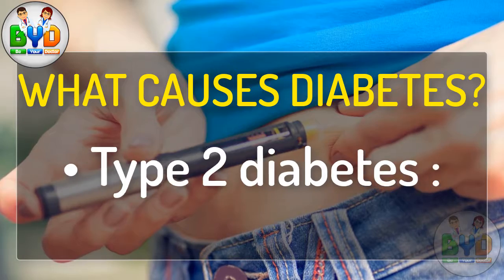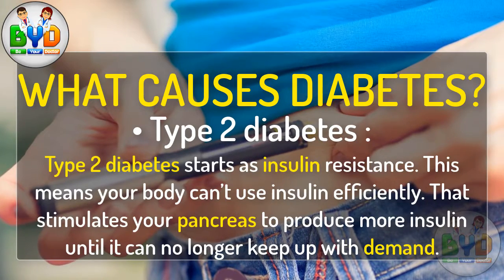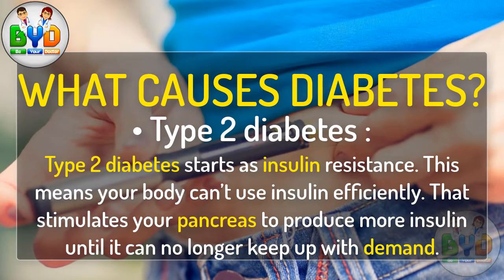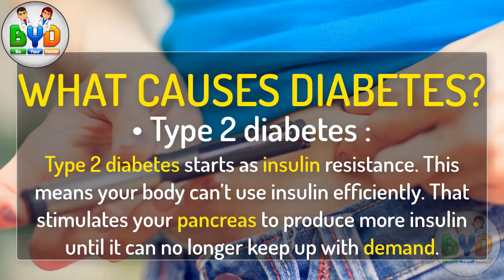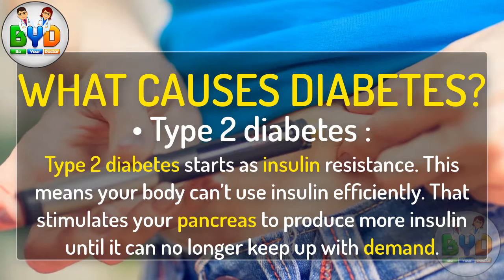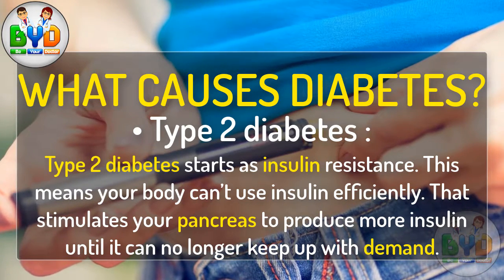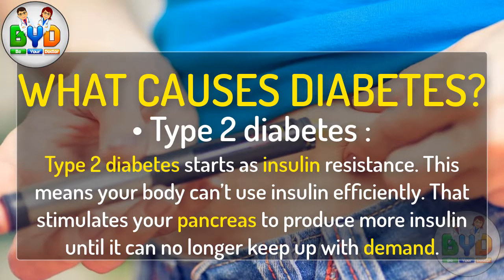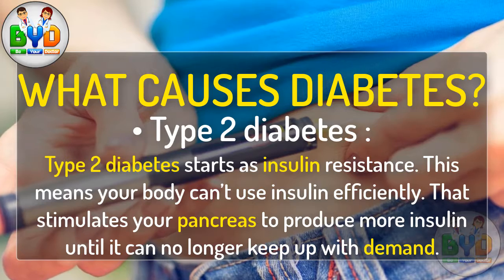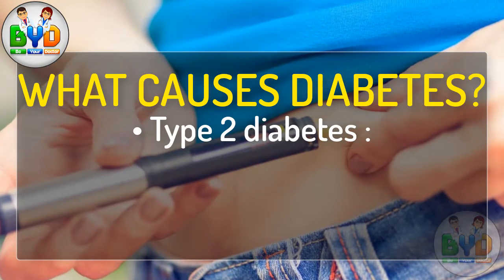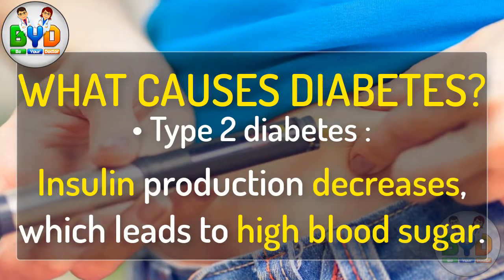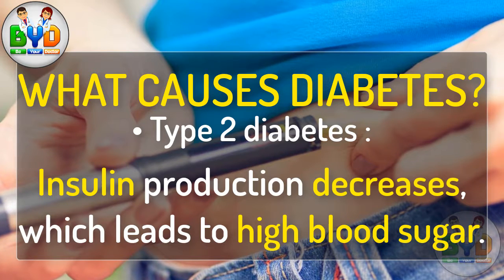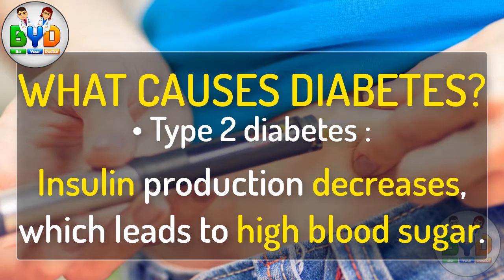Type 2 diabetes. Type 2 diabetes starts as insulin resistance. This means your body can't use insulin efficiently. That stimulates your pancreas to produce more insulin until it can no longer keep up with demand. Insulin production decreases, which leads to high blood sugar.